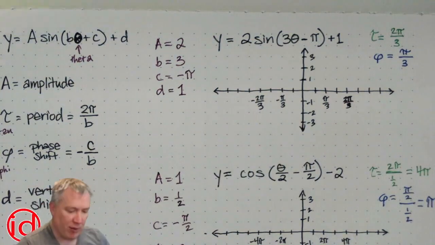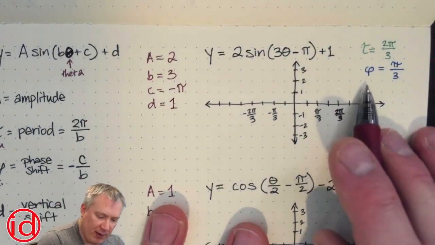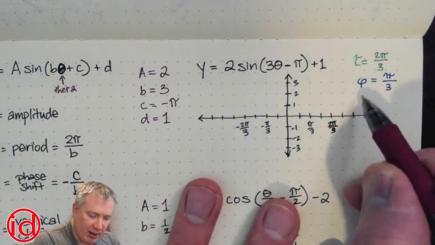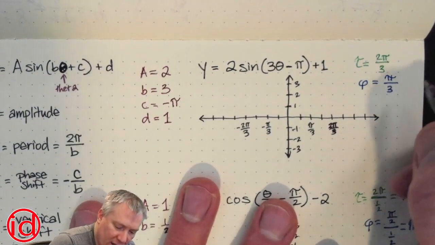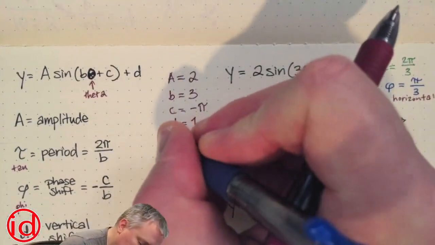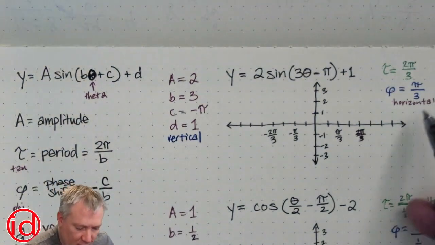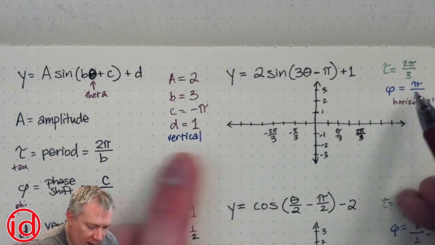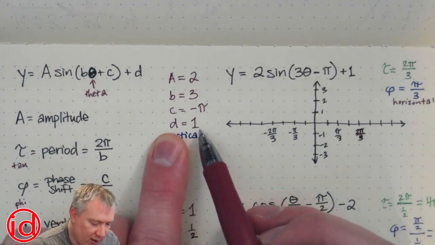So if I look at my shifts, here's my phase shift. Here's my vertical shift. Again, phase shift is phi, vertical shift is d. So phase shift is a left-right shift. It's horizontal. D is our vertical shift. So what I'm going to do is move right, because that's positive, pi over 3. And then I'm going to move up, because that's also positive 1.